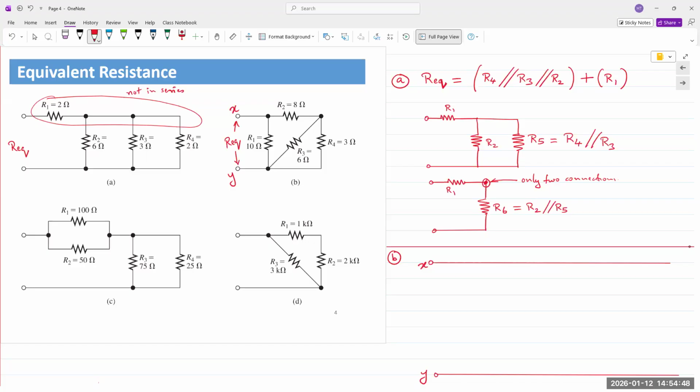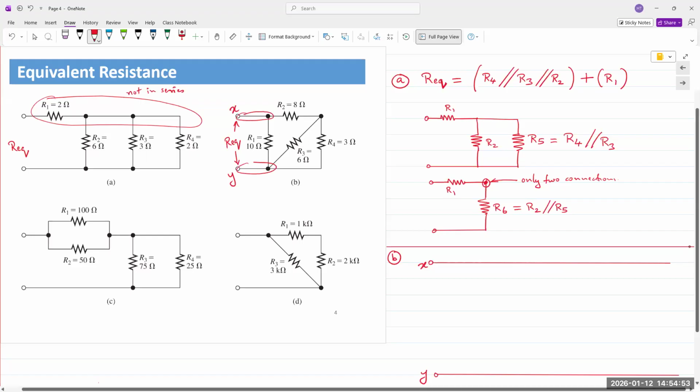So between X and Y, I have R1 connected at X. So I'm going to draw out R1. Okay, the goal is to get from one terminal and reach the other terminal.